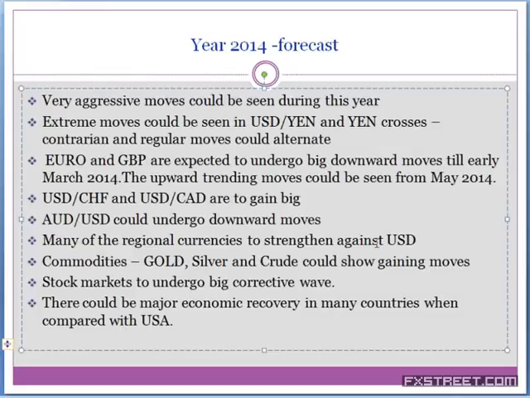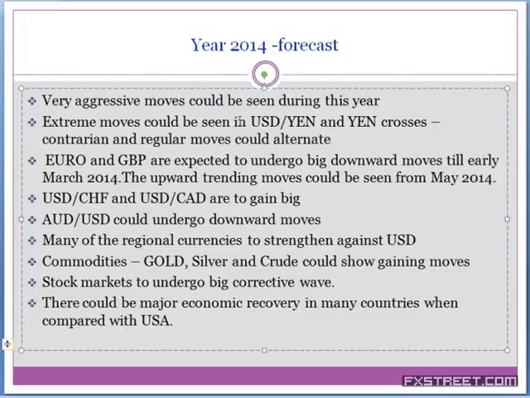Then many of the regional currencies, unusually, are expected to gain against the US dollar. We have seen that last year, 2013, roughly from mid-2013, many of the regional currencies weakened and showed multi-year trend reversals. And they are expected to gain levels against the correlations of Euro and GBP, and also USD yen.